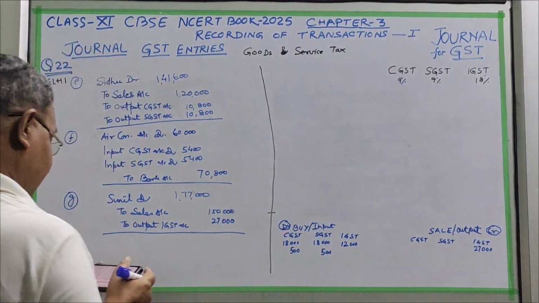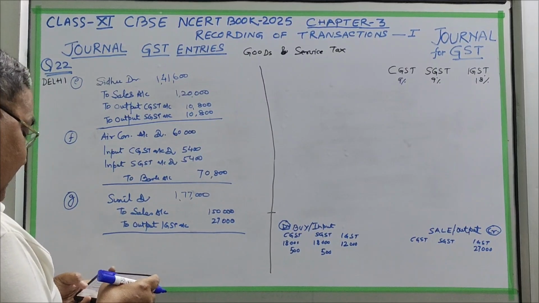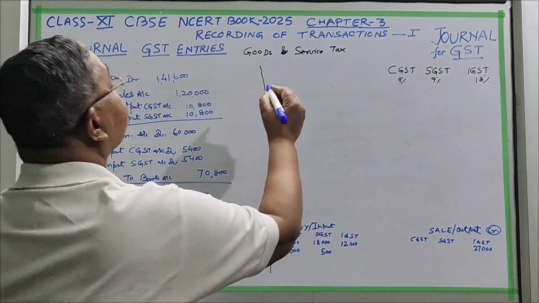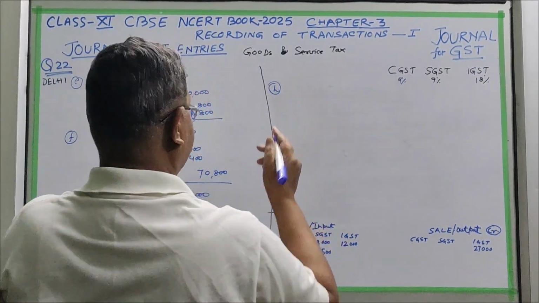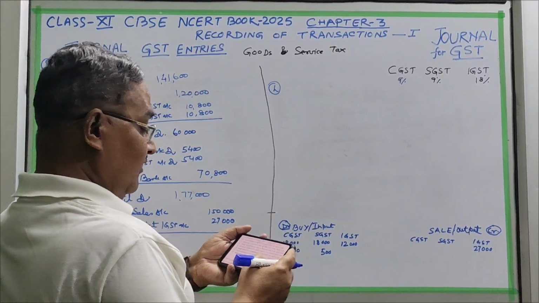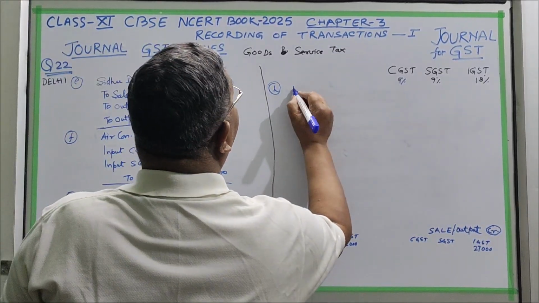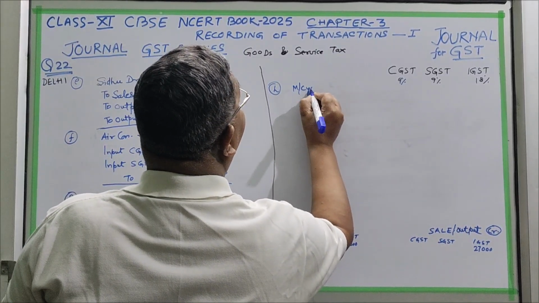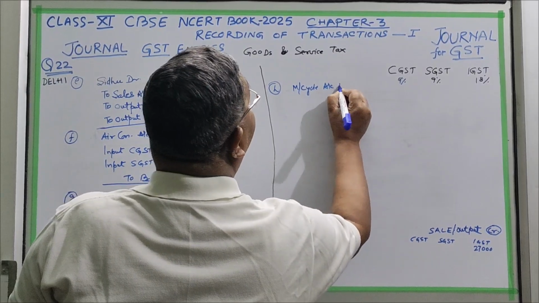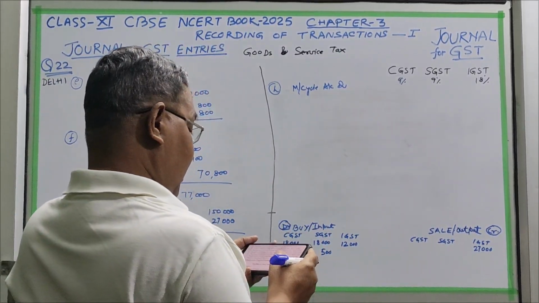Then, bought motorcycle for business use. So motorcycle account debit, bought for 50,000.